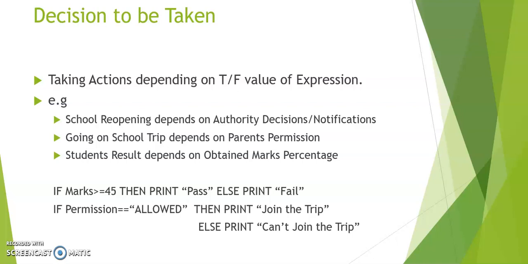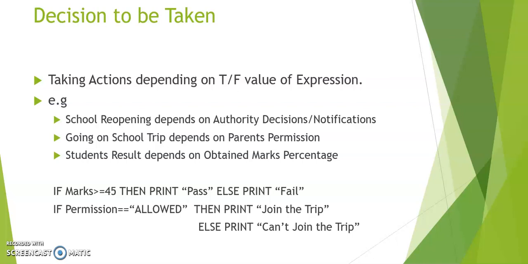If your permission is granted, that is a true value. If it is true, you are granted, then you can join the school trip. Otherwise, not. Student result depends on obtained marks percentage. If your marks are greater than or equal to 45, then print pass, else print fail.